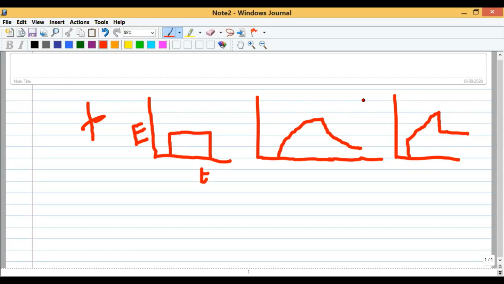Now what kind of material will behave like this? You know? So we can say these are some examples of glassy material.